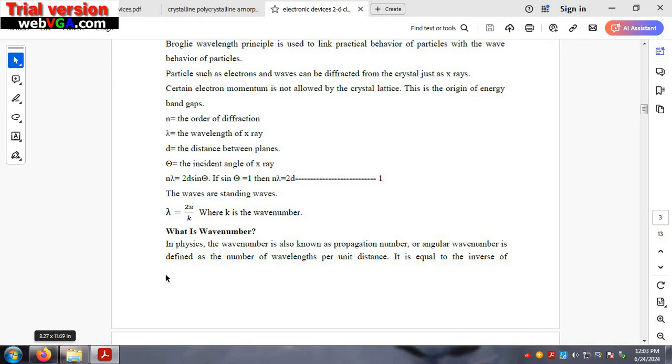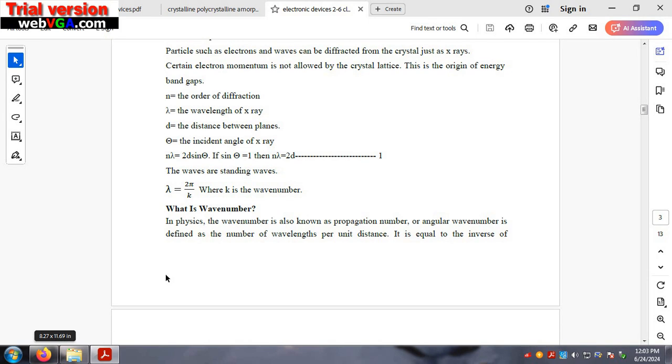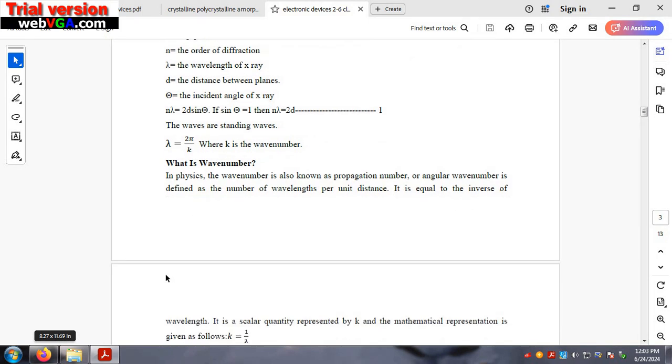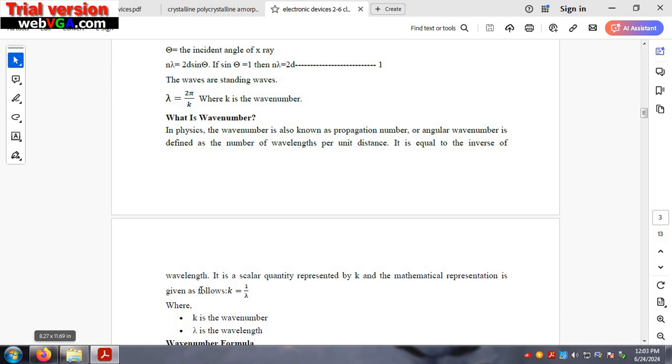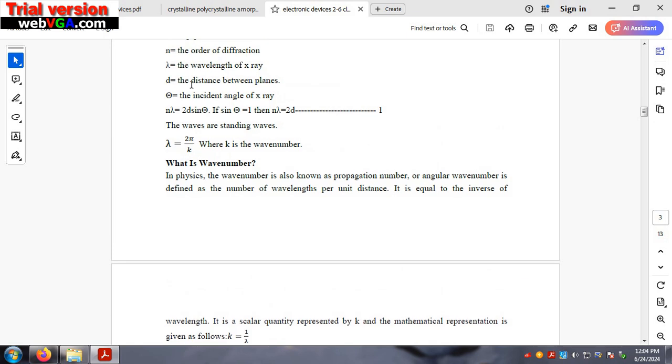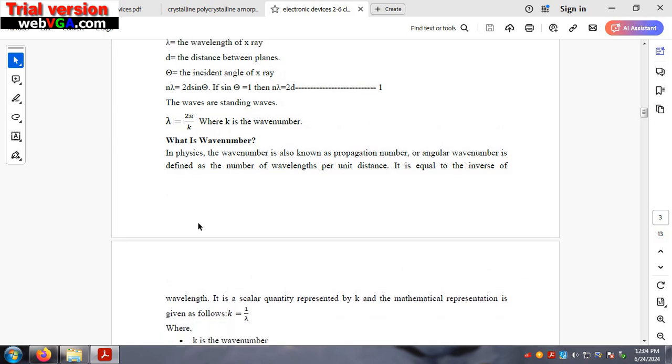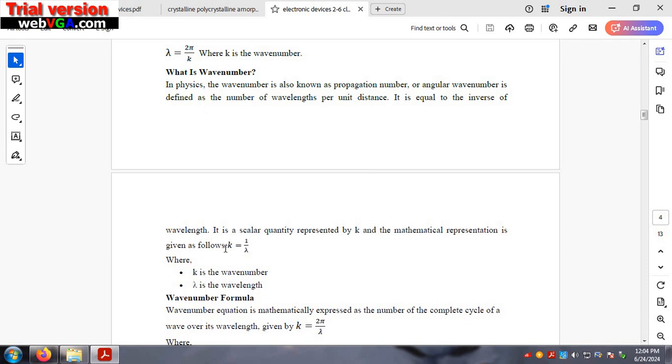In physics, the wave number, also known as the propagation number or angular wave number, is defined as the number of wavelengths per unit distance. It is equal to the inverse of wavelength. That means we can write k equal to 1 by lambda, where lambda is the wavelength, which I already told you is the wavelength of X-ray. So k is the wave number and lambda is the wavelength.